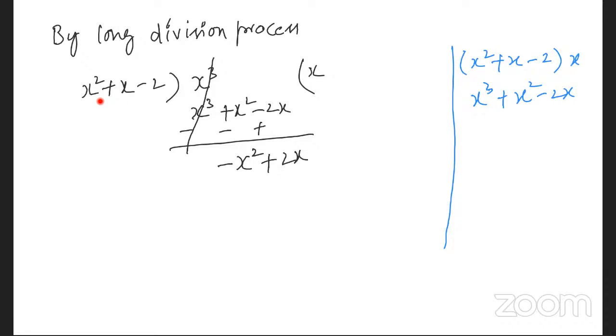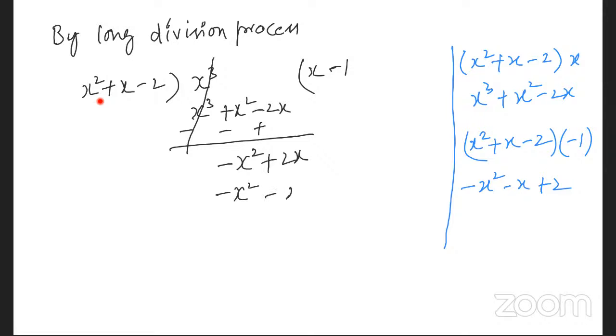Again, multiply with minus 1: (x square plus x minus 2) into minus 1 gives minus x square minus x plus 2. We'll substitute here: minus x square minus x plus 2.